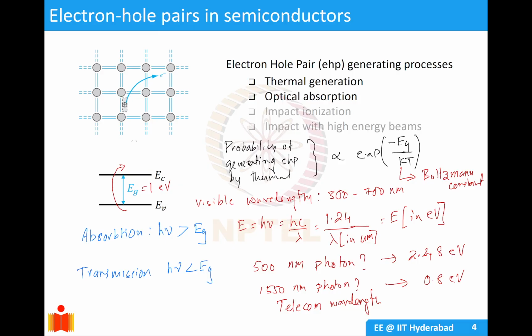Impact ionization basically means that at very high fields or very high temperature, the atoms and electrons have enough energy that when they collide with each other, they release enough energy to impart energy to other electrons to rise also.